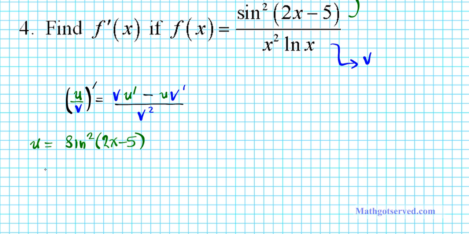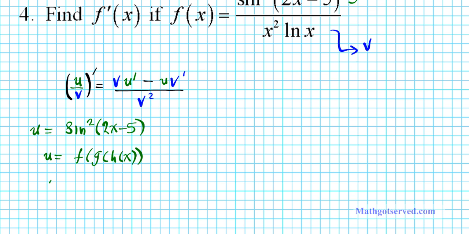So we can write u as f of g of h of x. Applying the chain rule, u prime is going to be f prime of g of h of x times g prime of h of x times h prime of x.